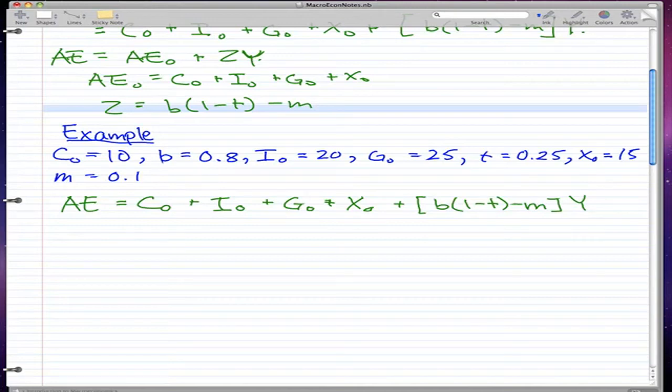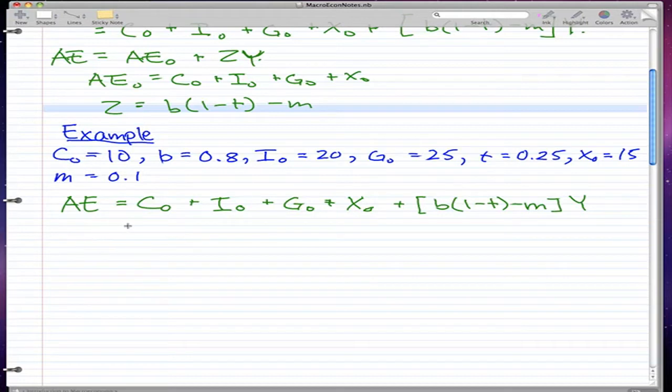So as promised, in this video I'm going to go through an example that's going to solidify everything that we've learned so far about the full economy. And as you can see, I've already given you initial numbers for these variables that you can plug in.